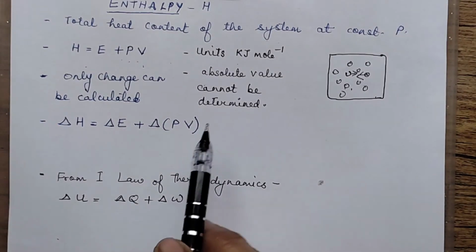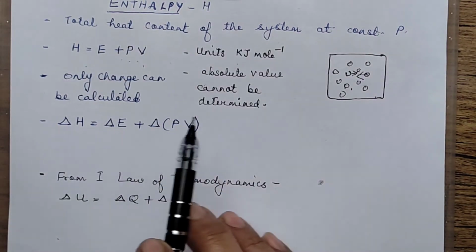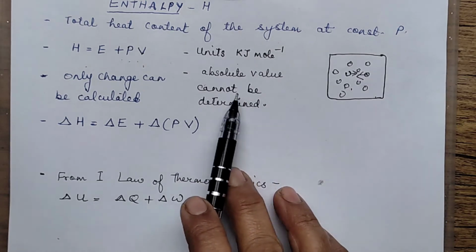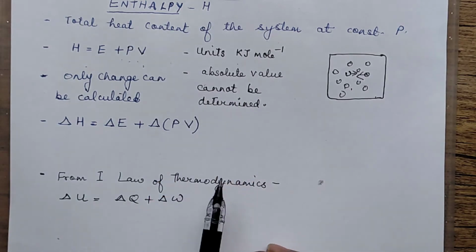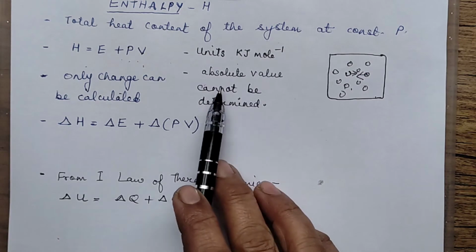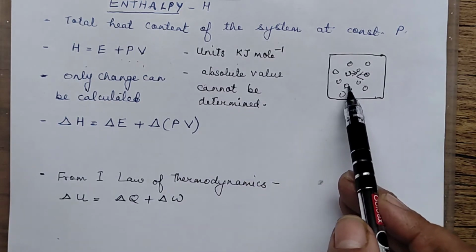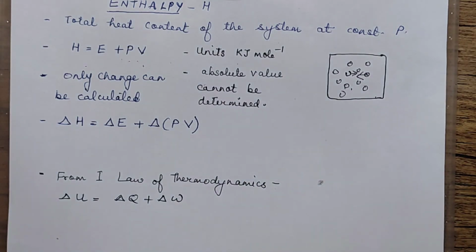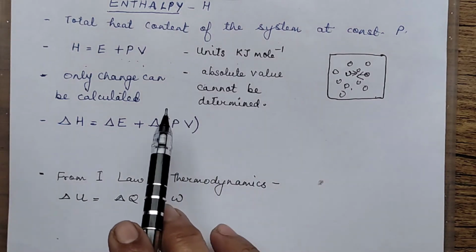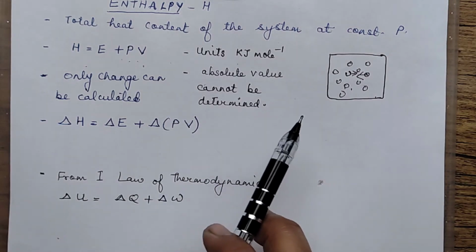The next thing is, like internal energy, the absolute value of enthalpy cannot be calculated. The internal energy E is the sum of the energies of electrons, protons, atoms, ions and molecules. Because we will not be able to calculate those small energy forms accurately, even for enthalpy the absolute value cannot be determined.